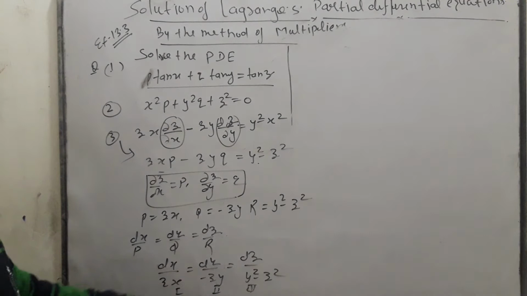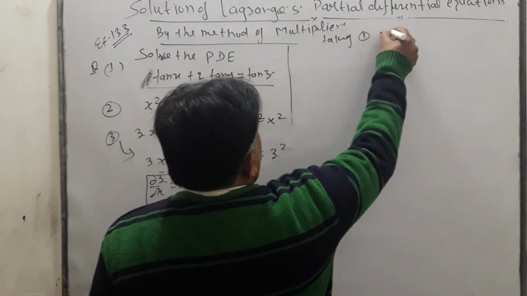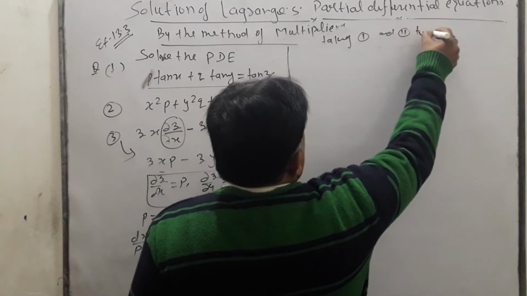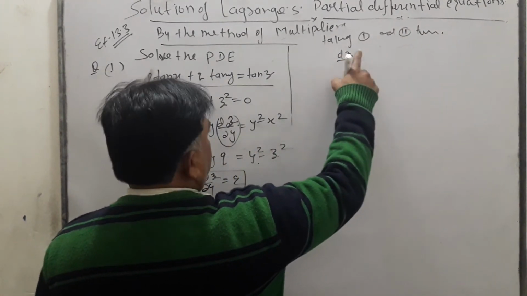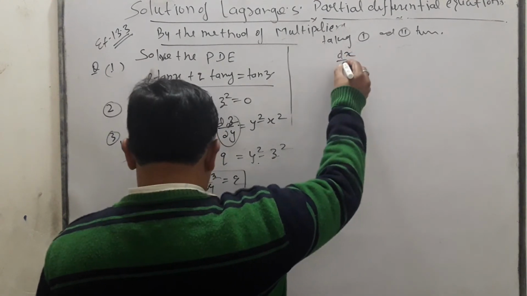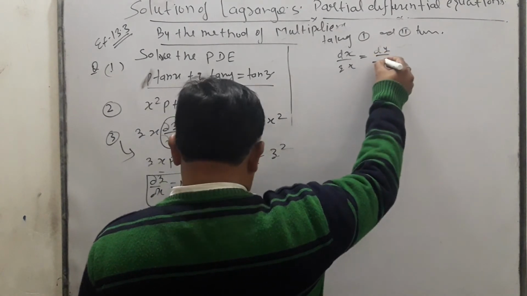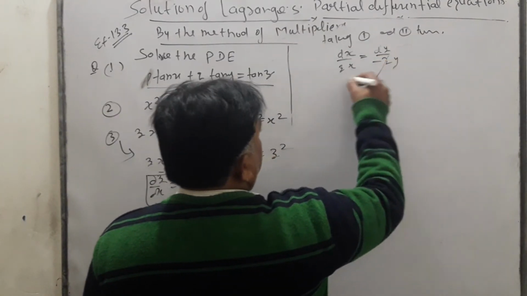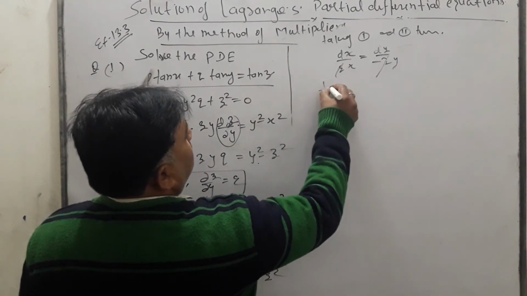You take the first and second terms: dx/(zx) = dy/(-zy). Cancelling out z, 1/x dx + 1/y dy = 0.